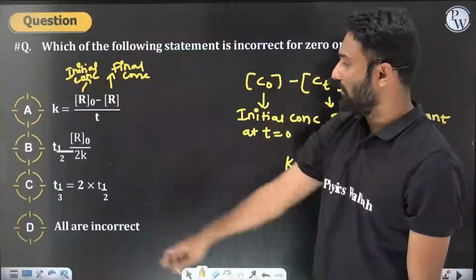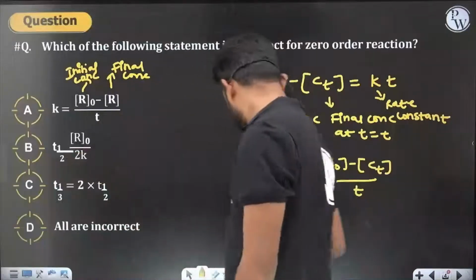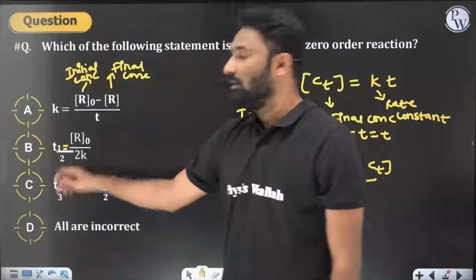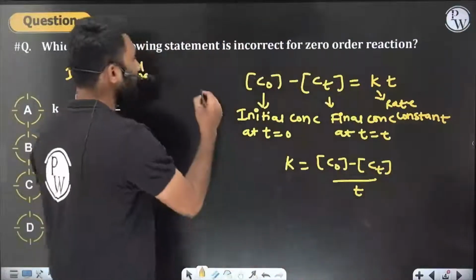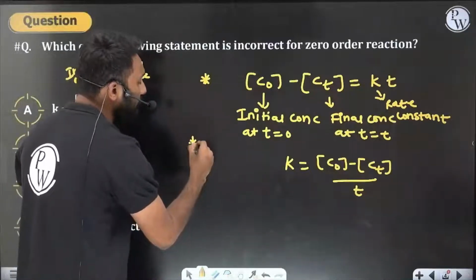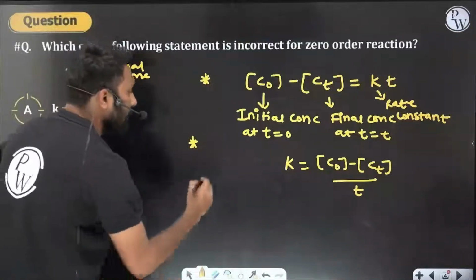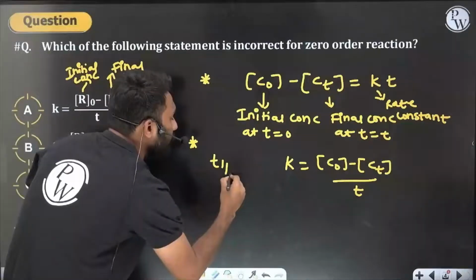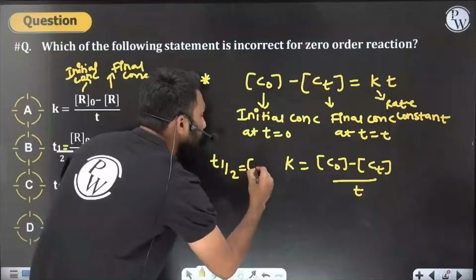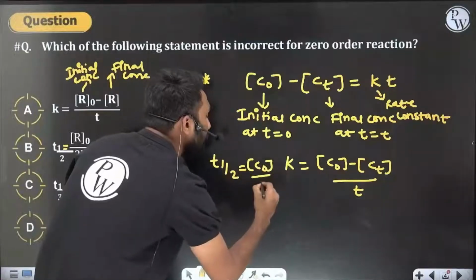Now next, t half. What is the half-life formula for the zero order reaction? t half is equal to initial concentration by 2k.